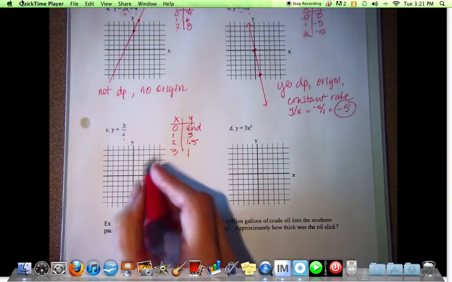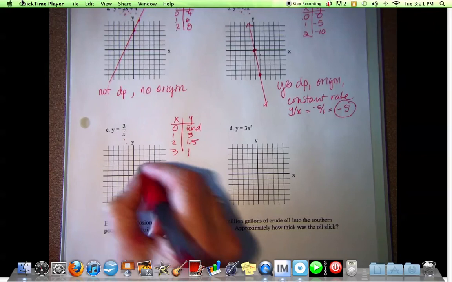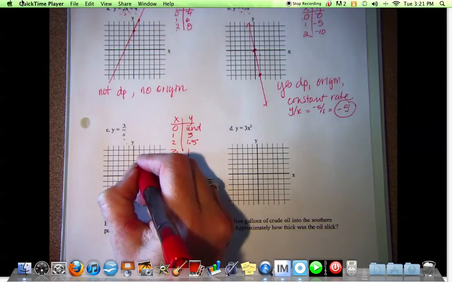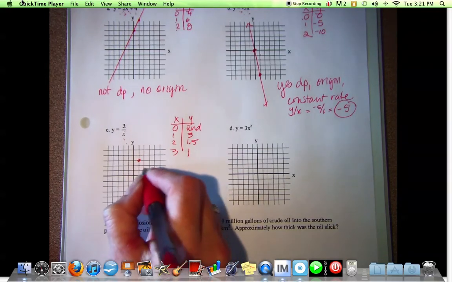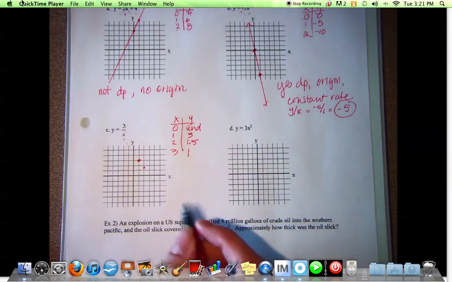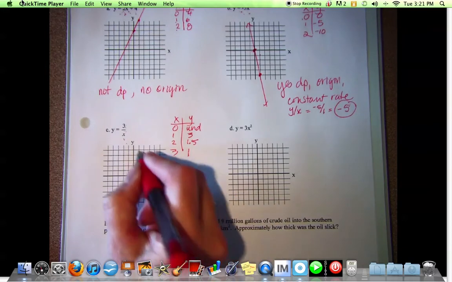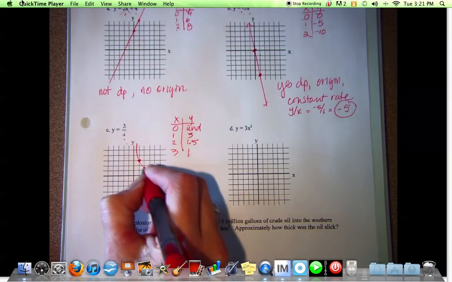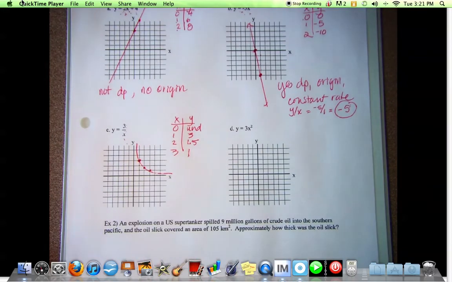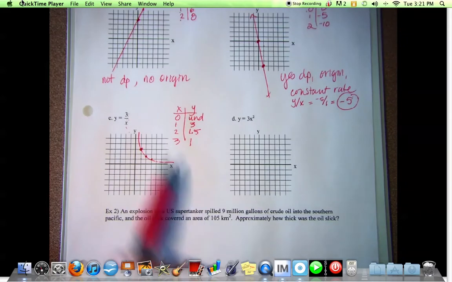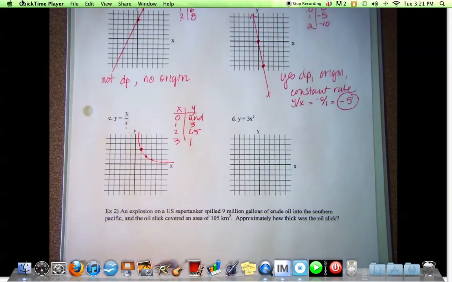So let's graph it. We have 1 and 3, 2 and 1.5, 3 and 1. So this ends up curving like that. So ask yourself the two questions. Does it go through the origin?